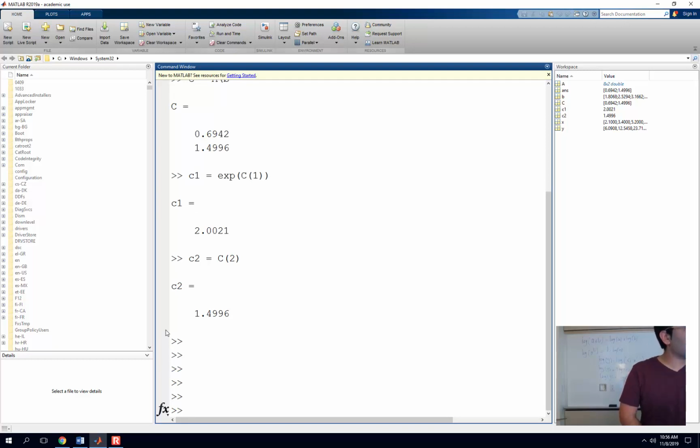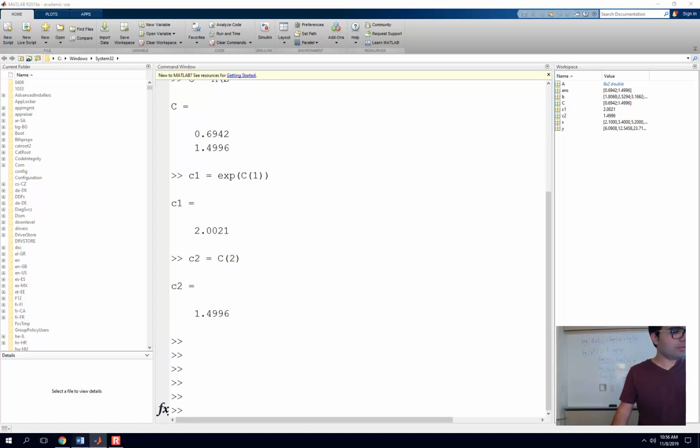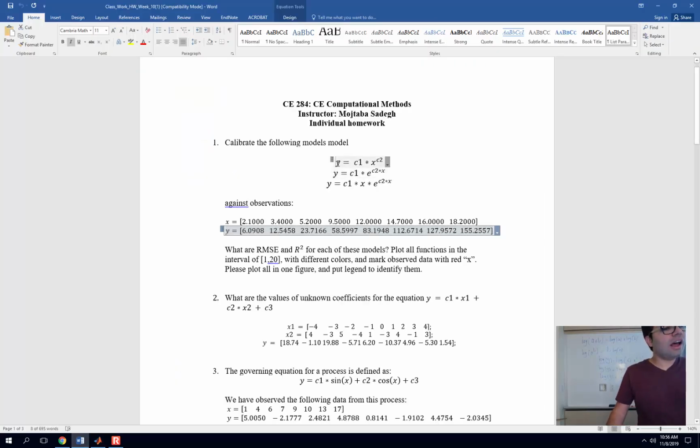Now that I have my C1 and C2, I can evaluate this equation, right? I have C1, I have C2, I have X. I can calculate Y prediction. Do I have C1? Yes. Do I have C2? Yes. So I have my equation complete.